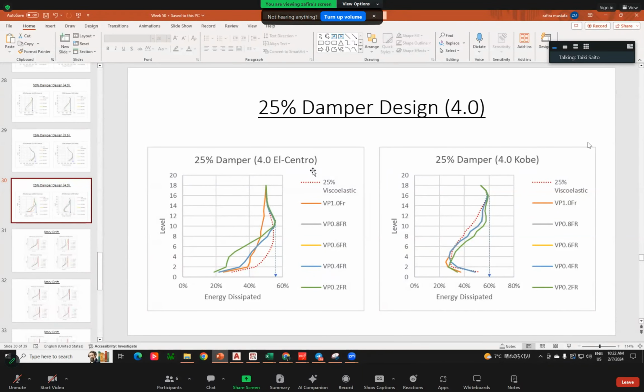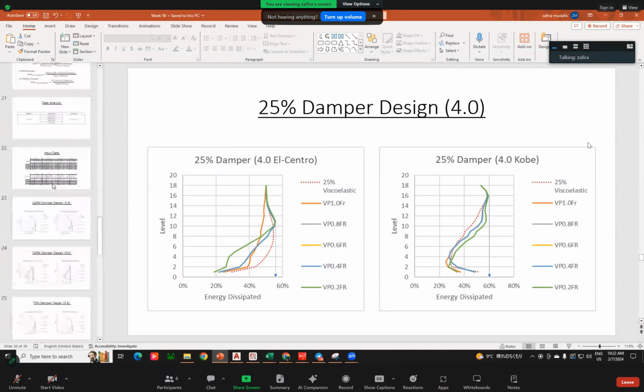It means 25 damper design, so damping force is small. Yes, 200 kilonewton. And for 0.2, the friction capacity is reducing. Okay. Could you go back to your definition again? Energy ratio.